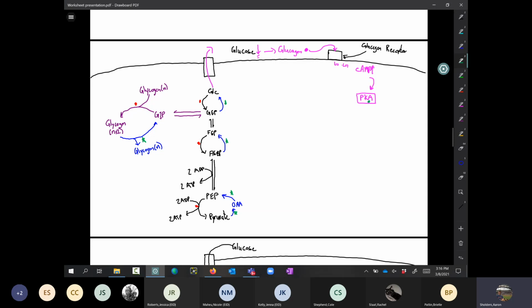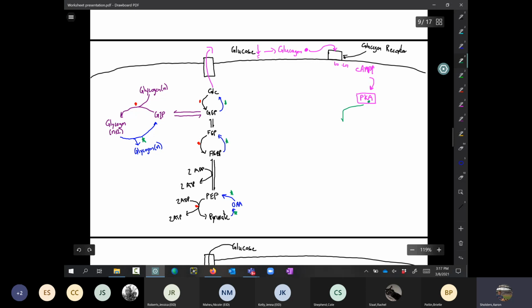Now, activated PKA is going to do lots of stuff, but we want to try and draw this in this big diagram to understand how all these concepts are related to each other. So PKA is going to first of all do this. I'll use a green arrow to indicate that.